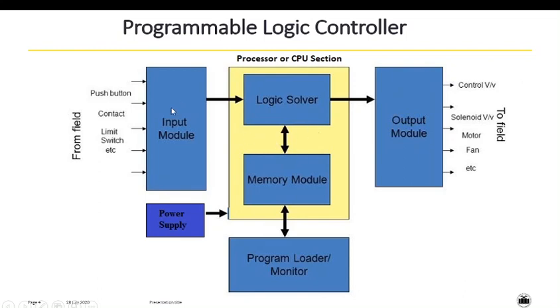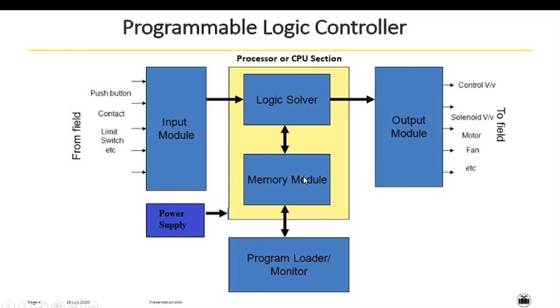We are going to see what the input module is, what the output module is, how they look, which are the functions of the IO module, which are the sensors, and which different kinds of actuators we are using. This is the first module which we are going to see. The second module is the processor, which consists of the logic section, memory module, power supply section, and various memories, and how those memories are organized.